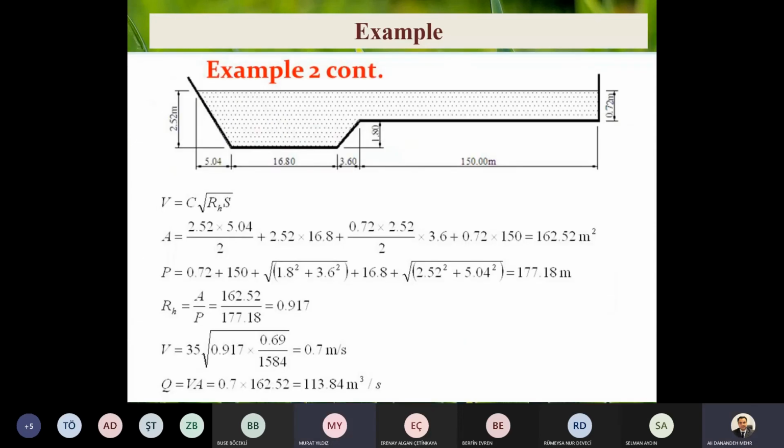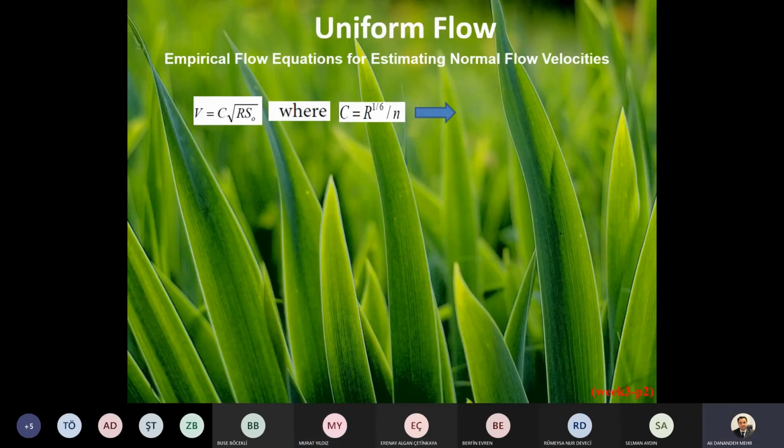Now we solved this example, and I'm going to introduce you another formula to calculate velocity in uniform channel flow. In the previous examples, we used Chezy formula, and we had this relationship between velocity and Chezy coefficient and geometrical characteristics of river.